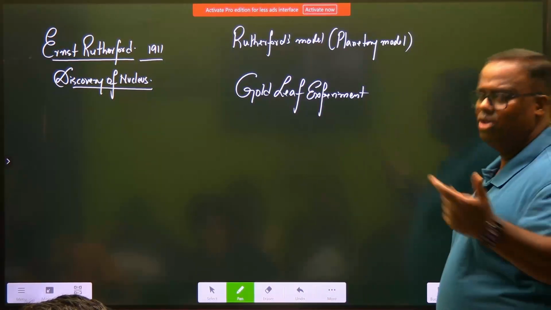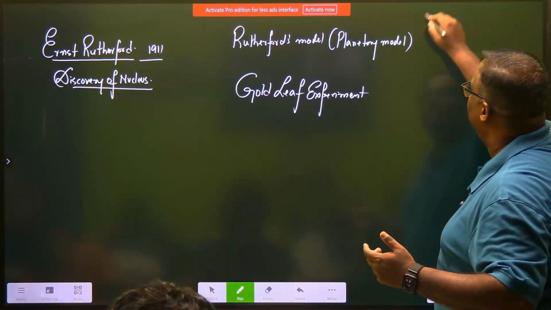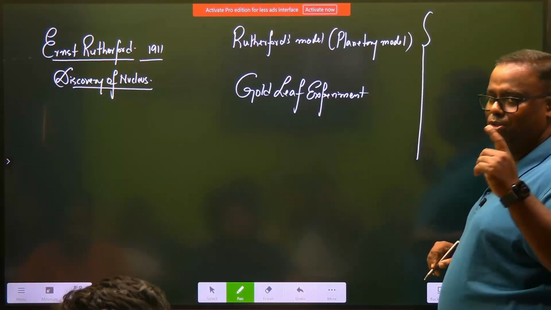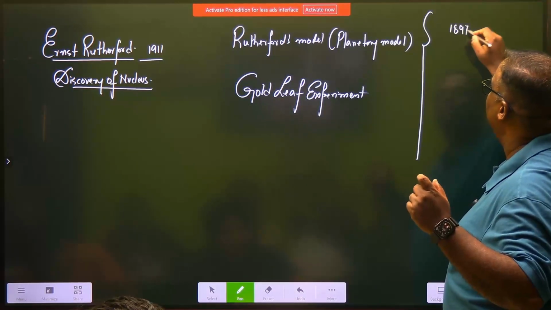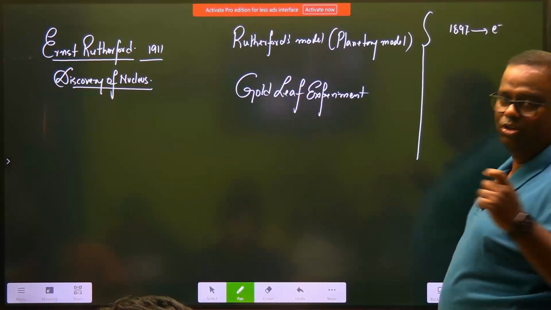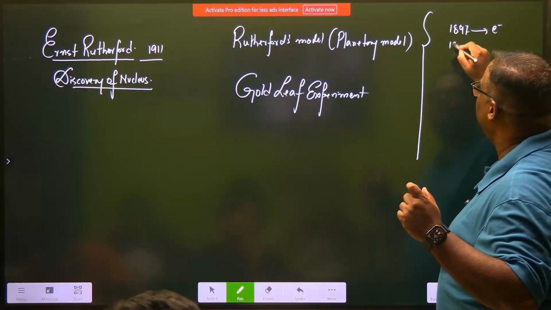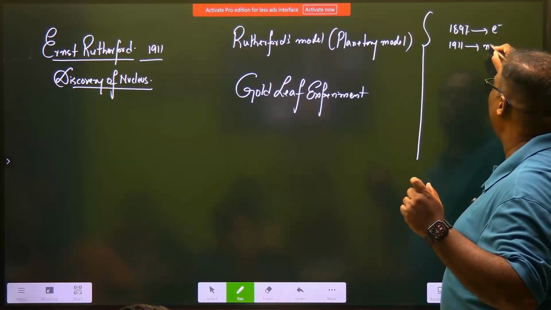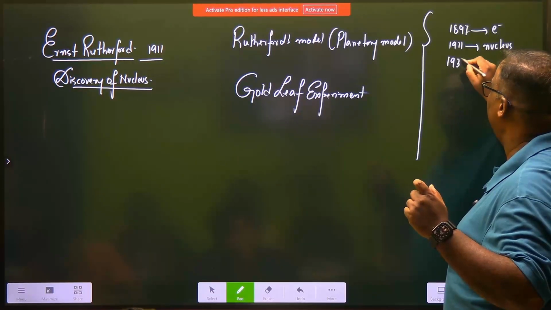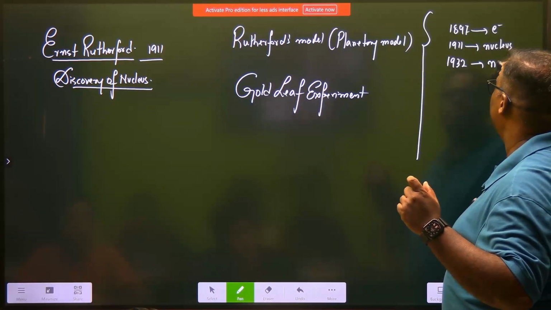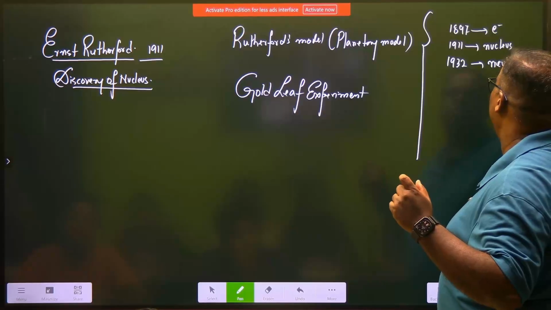But before this, some more interesting stories. See how fast the advancement of science was in those days. In 1897, you got to know about the electron. By 1911, you coined something called the nucleus. In 1932, James Chadwick discovered the neutron.